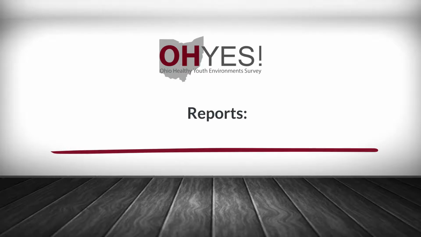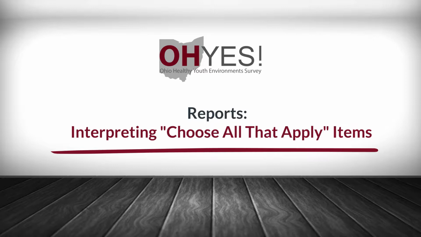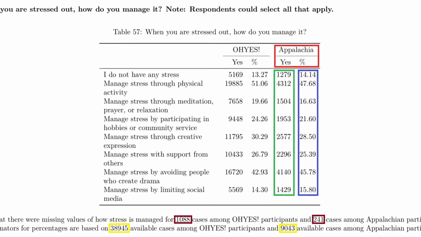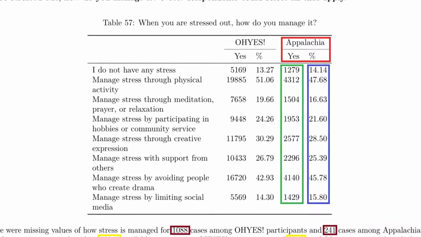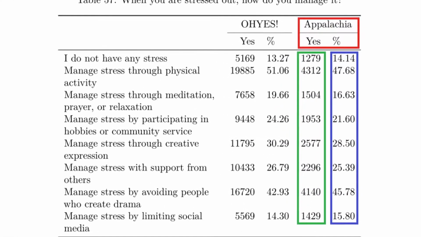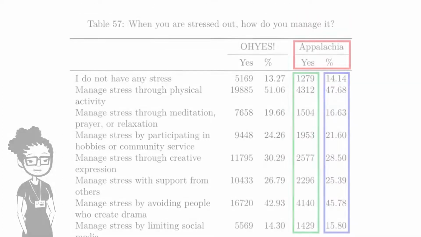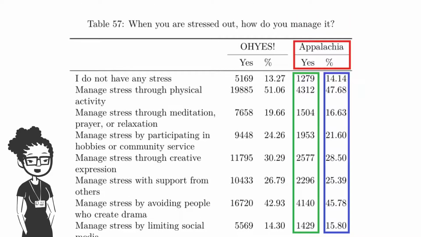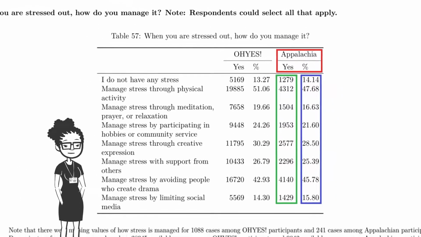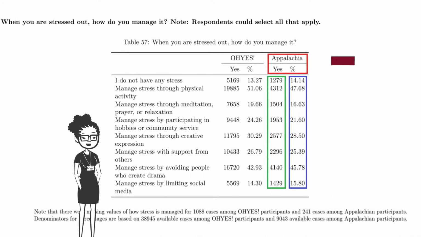Reports. Interpreting choose all that apply items. The things we wish to highlight about the tables for choose all that apply items appear in colored boxes, and we will consider each in turn. Again, there are two columns for each geography. For example, Appalachia has two columns, where this is highlighted by the red box.